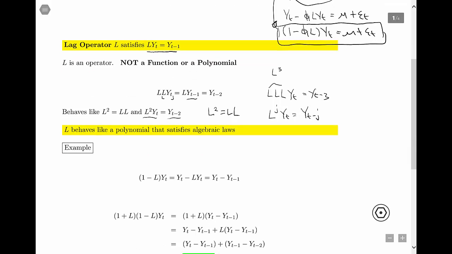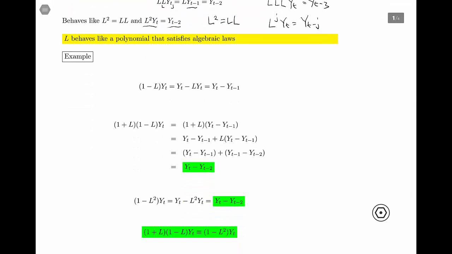To make this clear, I'm going to give an example. I'm now going to show that performing two different operations on yt gives equal results. We have this operation on yt, and we have this operation on yt, and these two things are equal to each other. What do we note about the operations we performed?